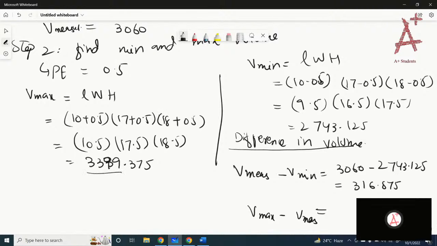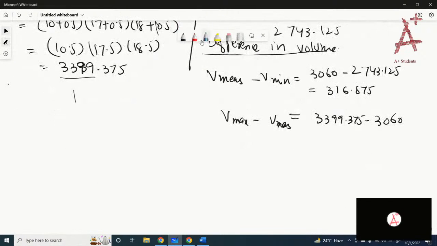This one is 3399.375 minus 3060. So the value is 339.375.